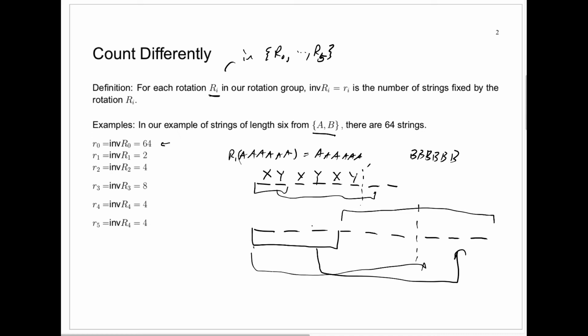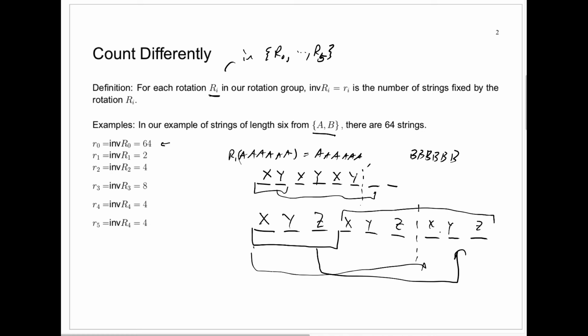And how is that possible? That means if whatever we have here, I'll call it XYZ, you're going to need, after we move it, the first 3 letters to be the same, so we're going to need an XYZ here. And if that's the case, then of course after we move it, you'll have XYZ over here. So you really will have a string invariant under R3.